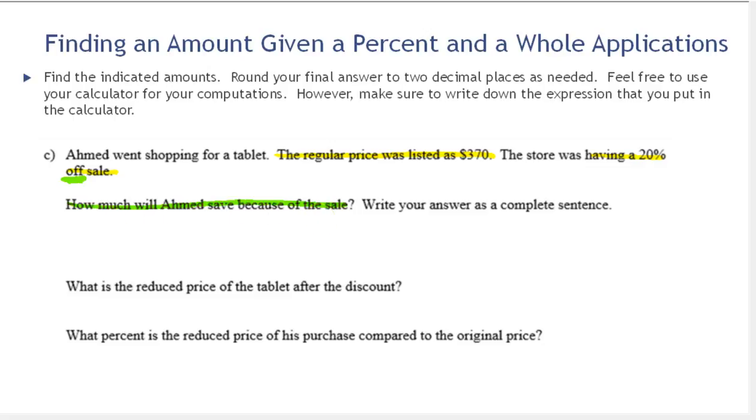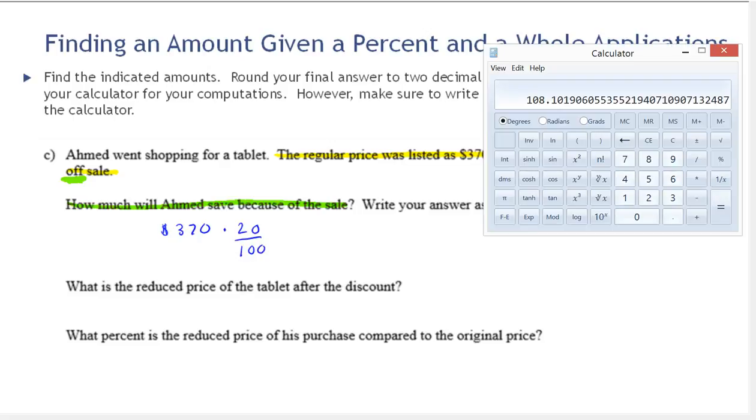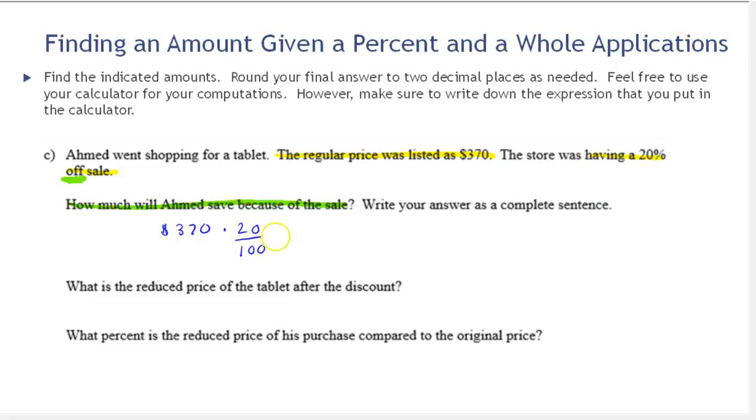He will save 20% of the $370. This is his savings, times 20 divided by 100. So he will save $74.